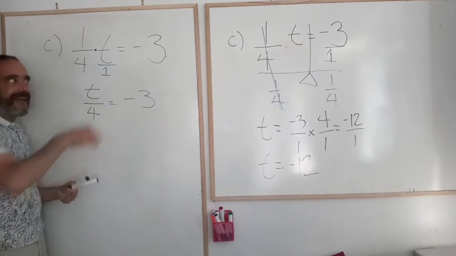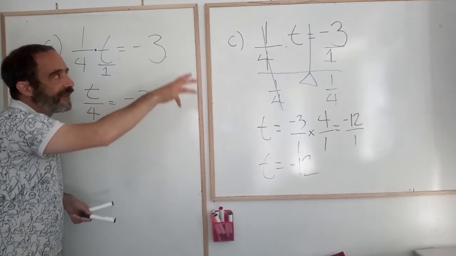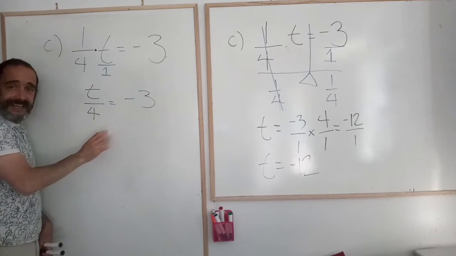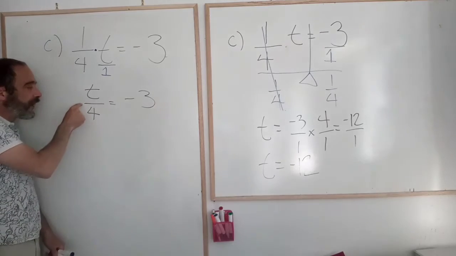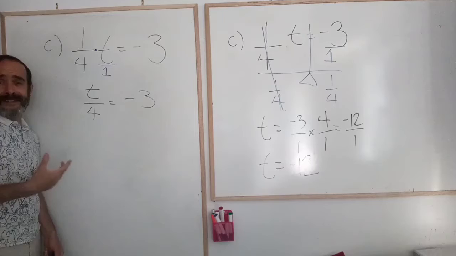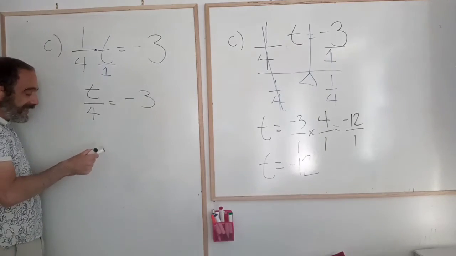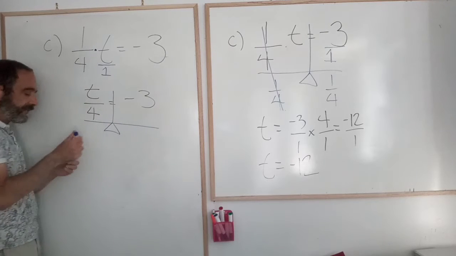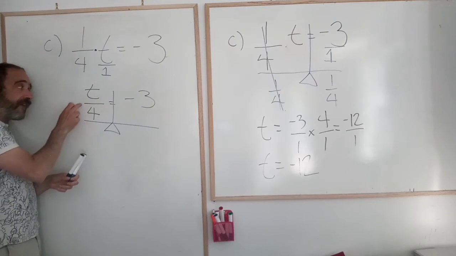So you can see that that kind of multiplication question really became a sort of division question, right? This is t divided by 4 equals -3. Okay? Now, if I want to isolate t, if I want to get t by itself, right? This is t divided by 4.